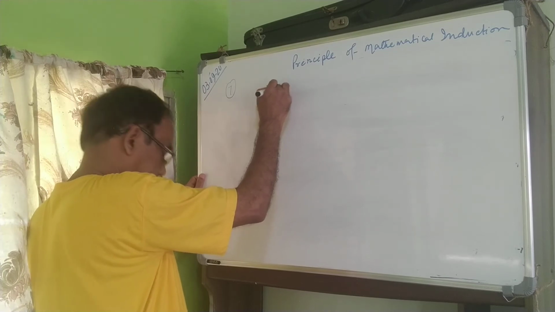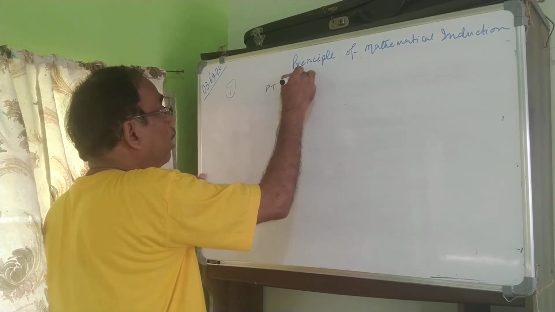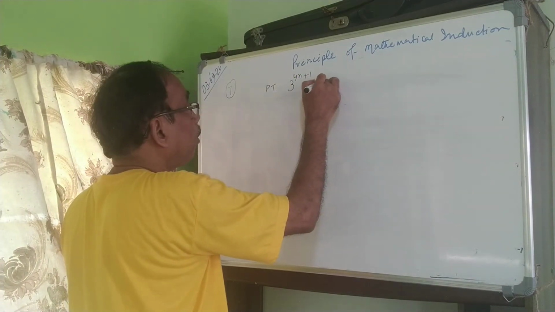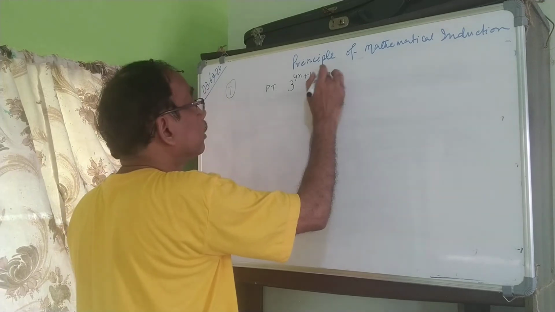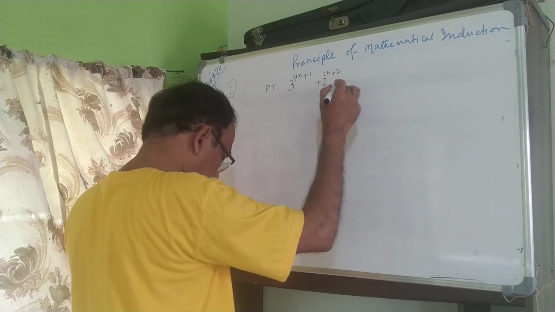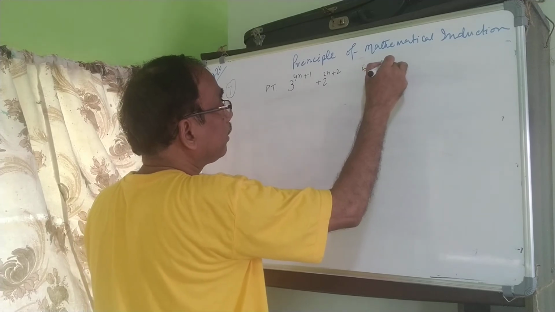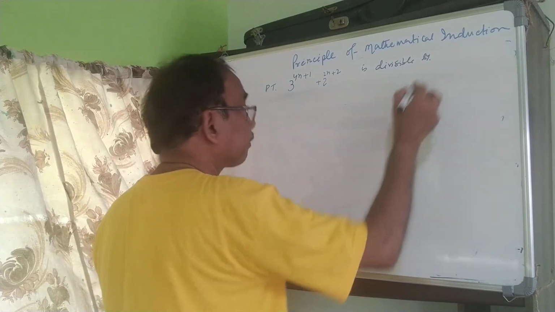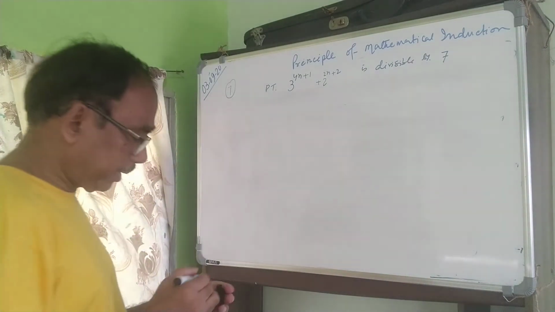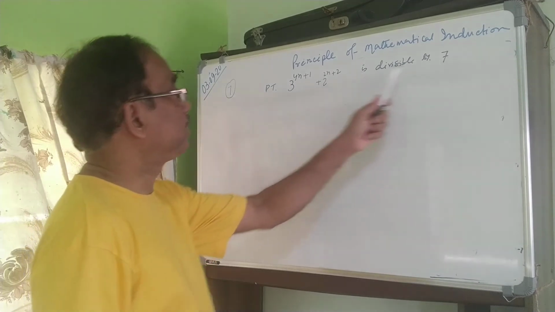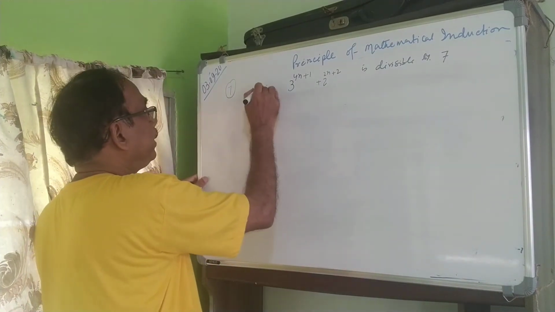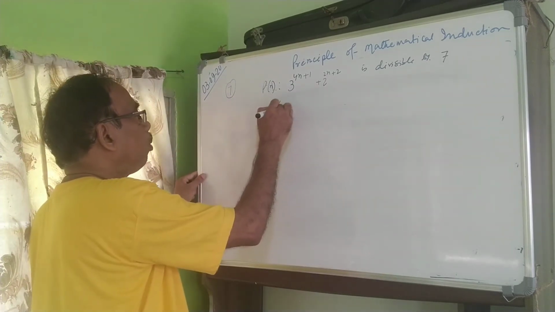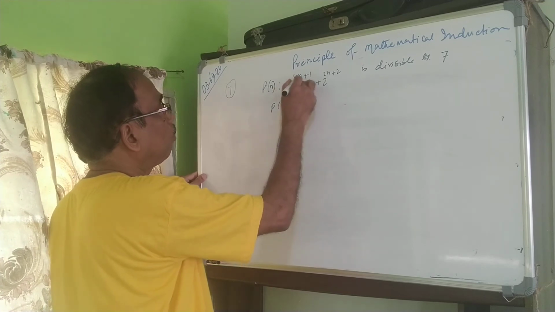Prove that 3 to the power 4n plus 1 plus 2 to the power 2n plus 2 is divisible by 7. By mathematical induction, we have to prove this divisible by 7. Let the statement be Pn. Let Pn be the statement this, just like previous sum.